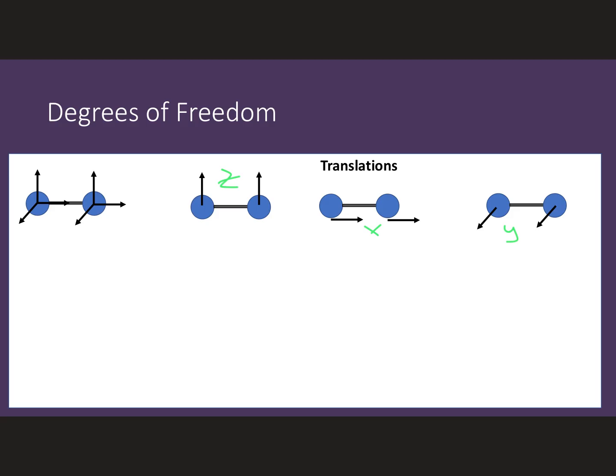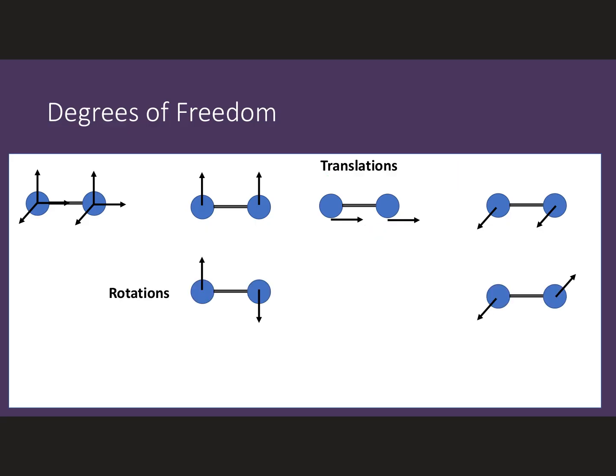It doesn't really matter, but we could think about this as the whole molecule being moved. This is what we refer to as a translation of the molecule. Since there are 3 Cartesian axes, there's a total of 3 ways this molecule can translate, or 3 translational degrees of freedom.